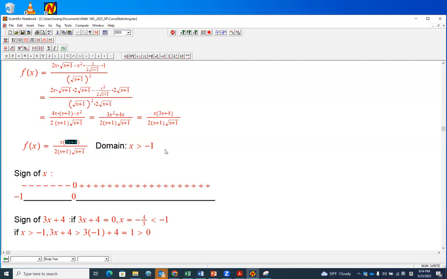If you plug in a positive number, it's positive. So 3x plus 4 is always positive, and so this doesn't change sign.